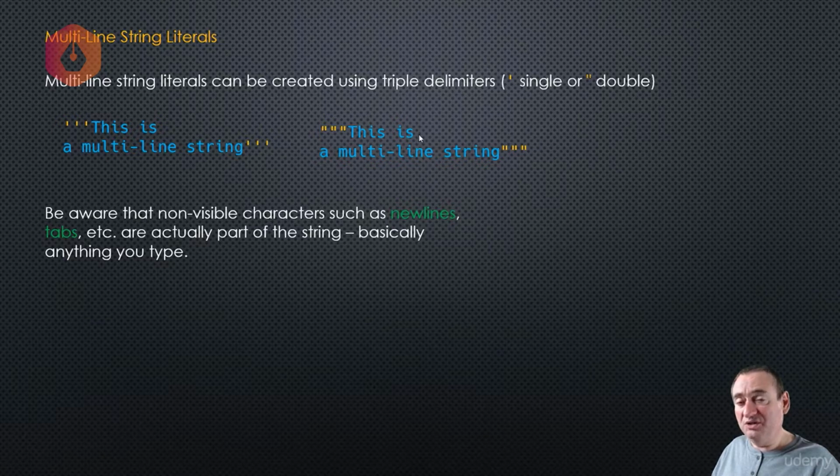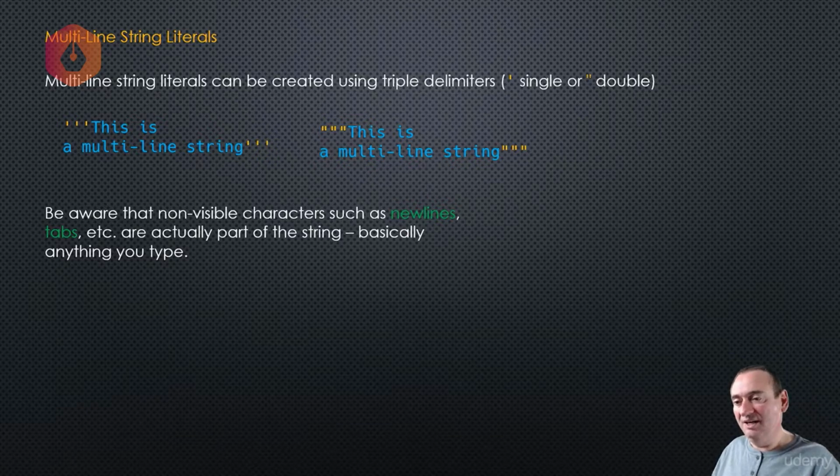So when you print the string out, it will retain this newline character. In fact, it will retain any character that you've typed into that string, whether it be a newline, a tab, a Unicode character, or some hidden character that doesn't print but is still there, right? So anything you type is going to be in that string, including multiple spaces and things like that.